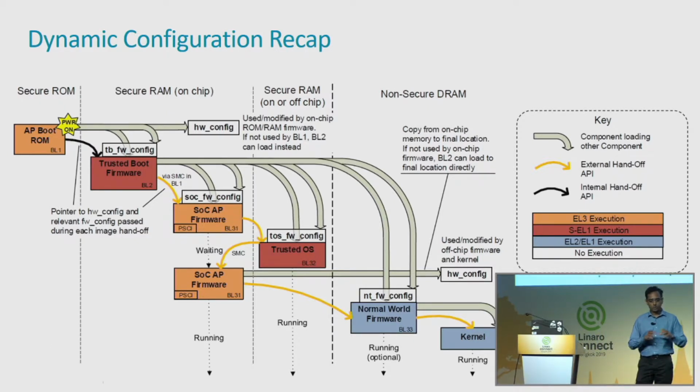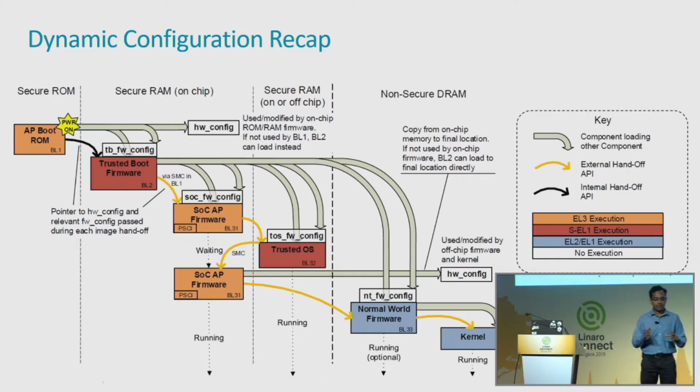The boot is split into several stages, and the first stage is known as BL1. The BL1 image starts executing from the secure ROM. The second stage, BL2, is loaded by BL1, and BL2 is then responsible for loading all the subsequent bootloader images. So you have several bootloader images shown in the diagram.